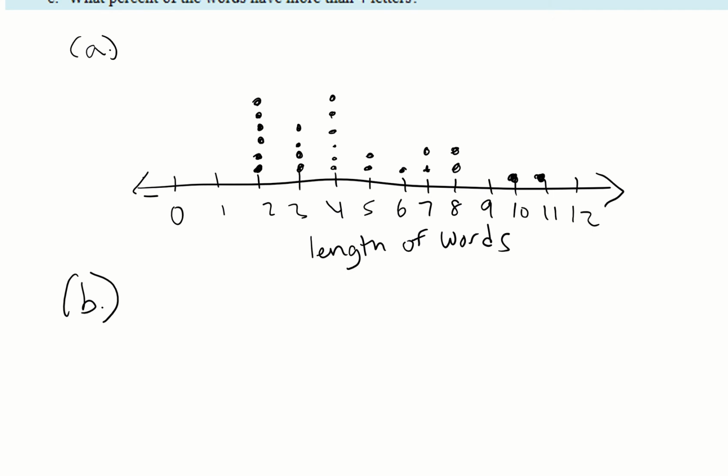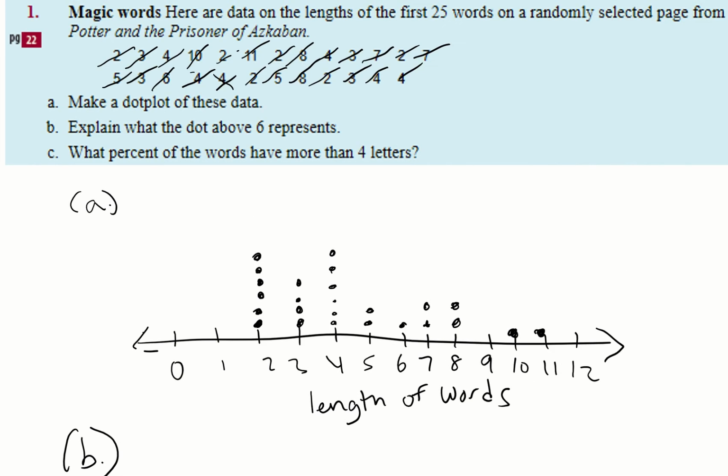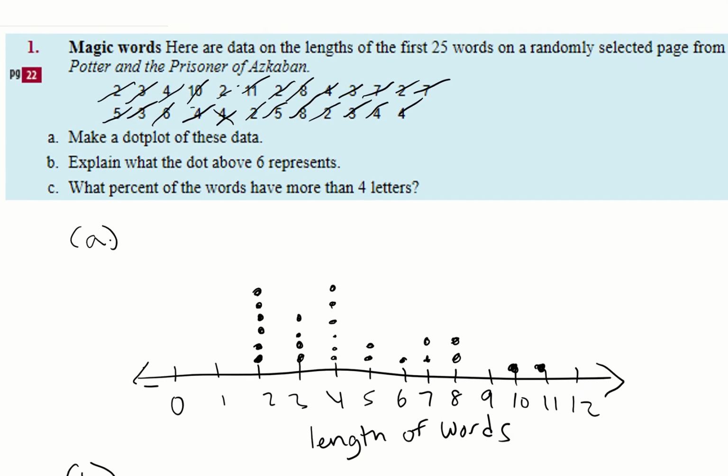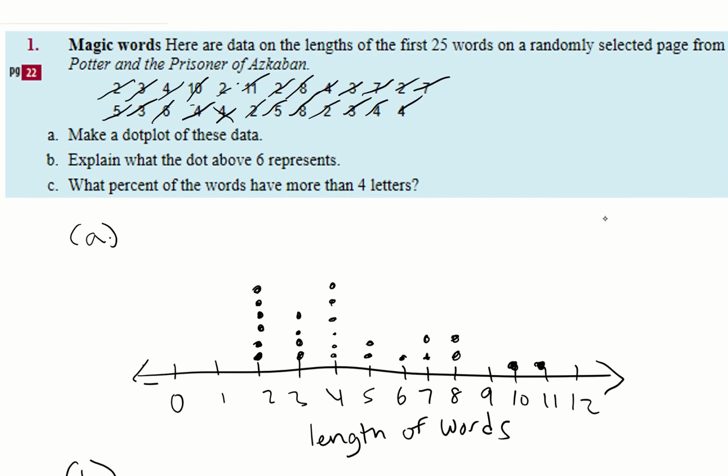If you look at it here, it says here are data on the lengths of the first 25 words. So they randomly select the page and they pick the first 25 words on that page, right? So each of these dots represents the words on that page.